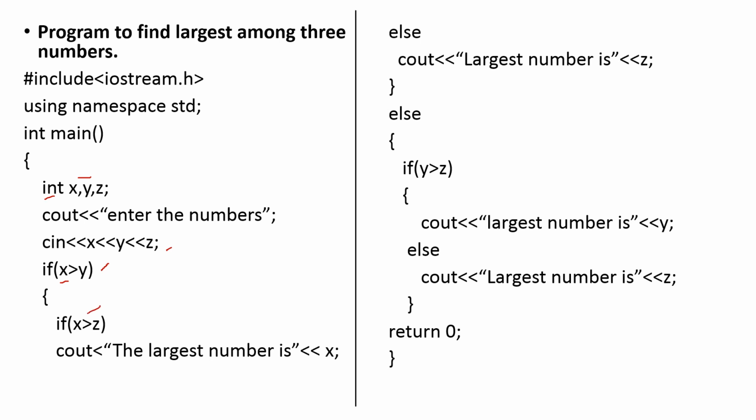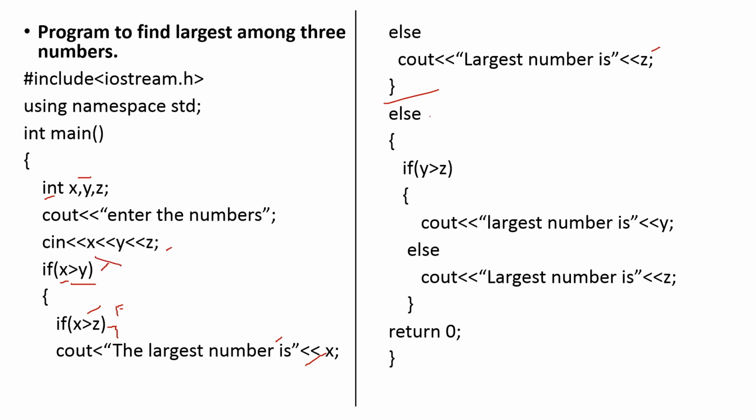If both conditions are satisfied, you can print that x is largest. Else, anyway x is greater than y, right? So when this condition is false, it will print z as biggest. This much is for this if.